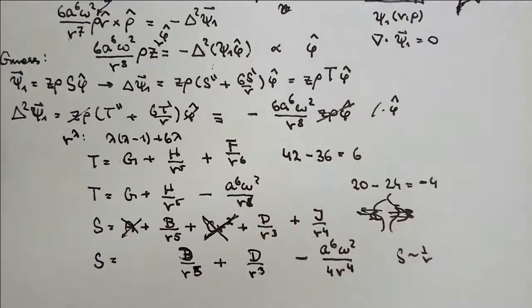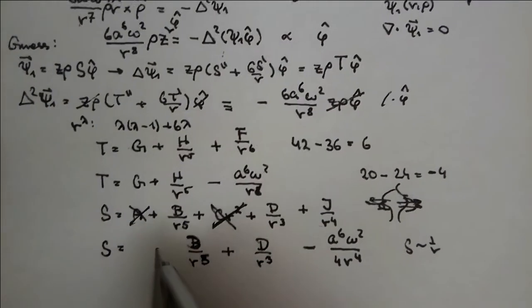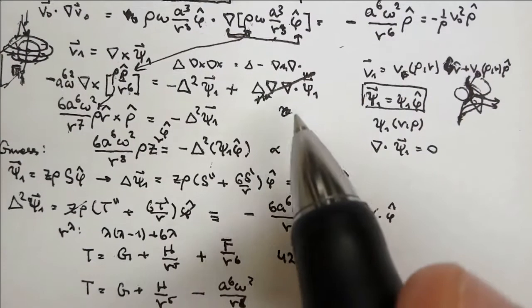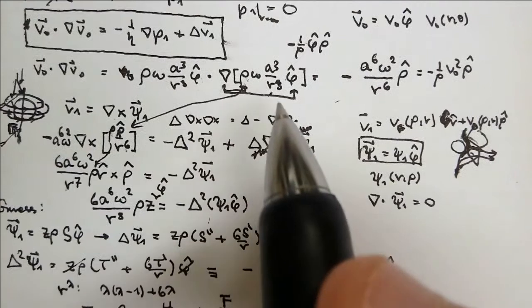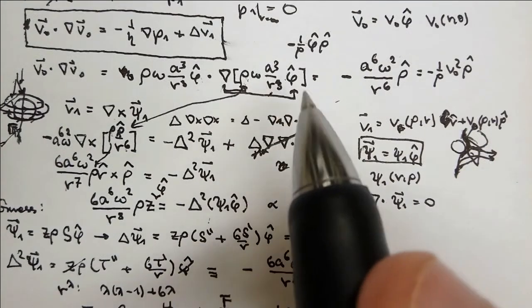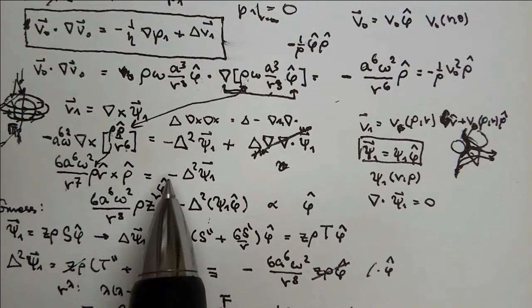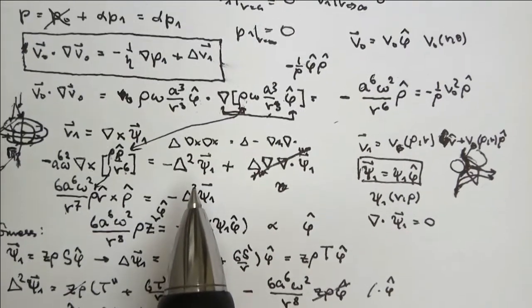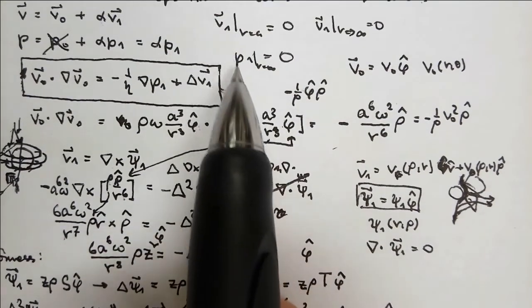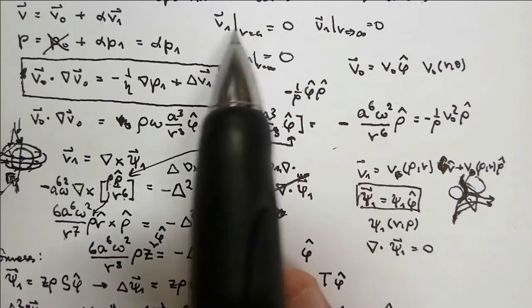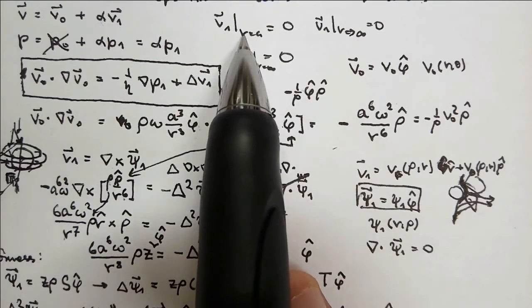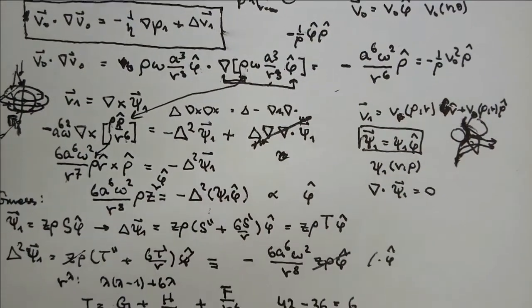And again, the velocity should be 0 at the boundary, so this condition is right here, I think. Yes, there it is. The velocity should be 0 at the boundary of the surface of the sphere.